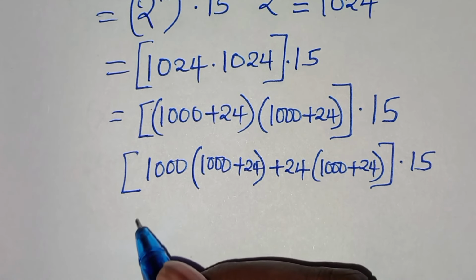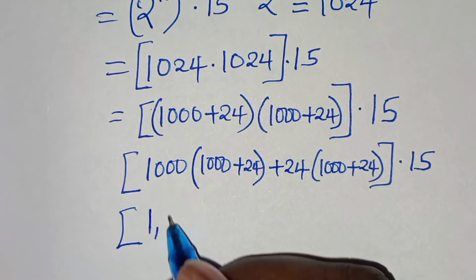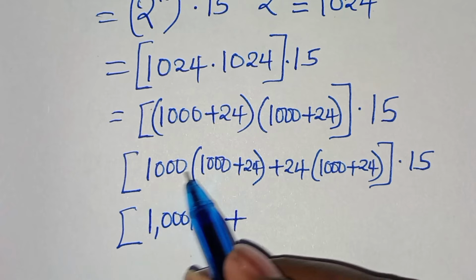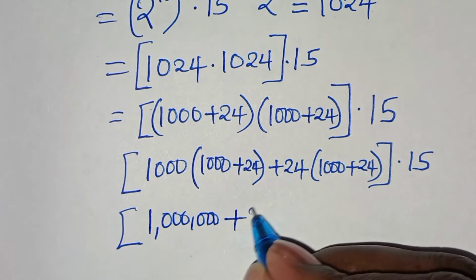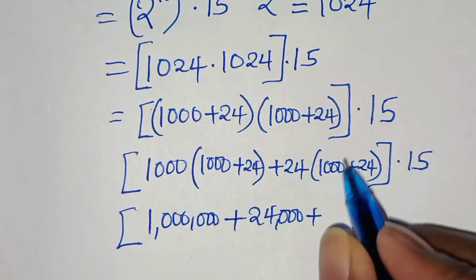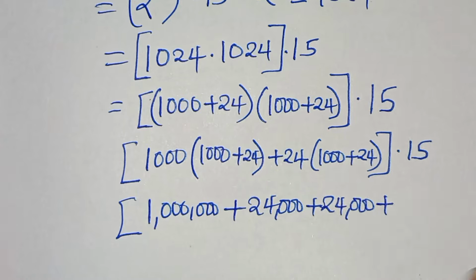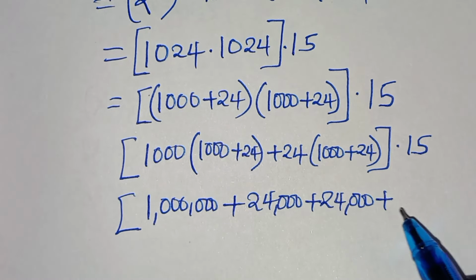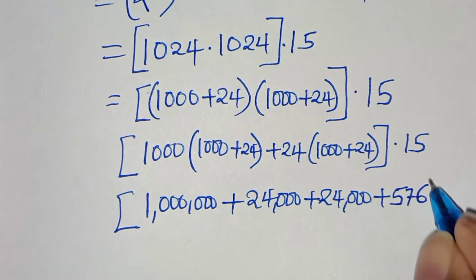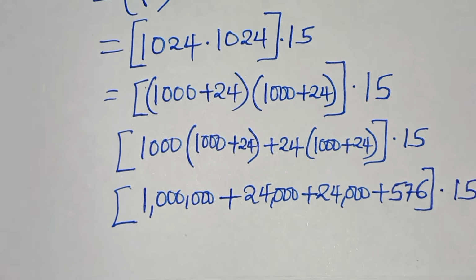So now, here we have 1000 times 1000, this is 1 million, then plus 1000 times 24, this is 24,000, then plus 24 times 1000, this is again 24,000, then plus 24 times 24, this is equal to 576, close the parenthesis, everything multiplying by 15.